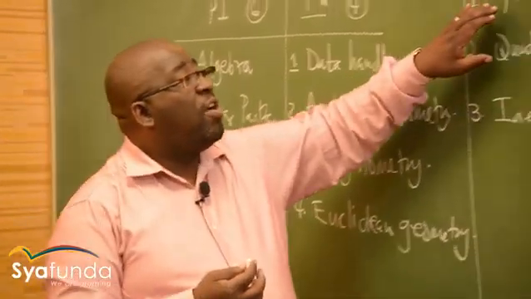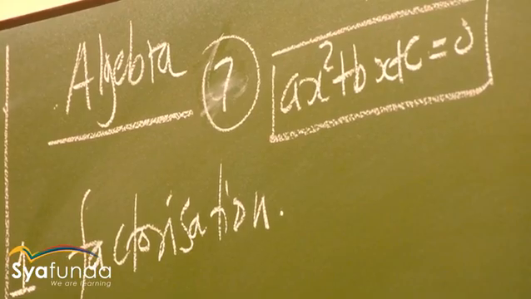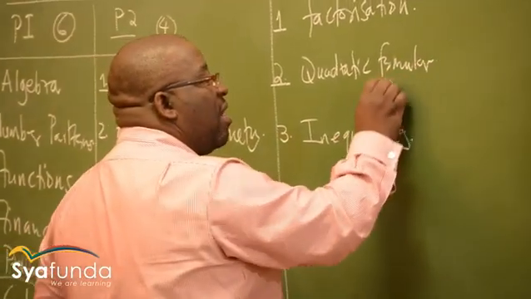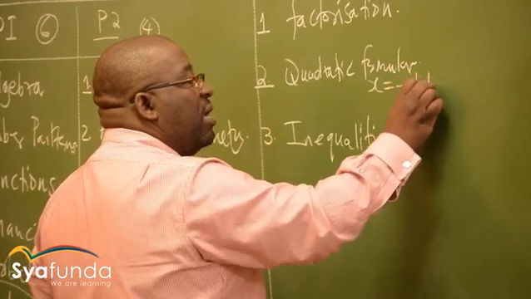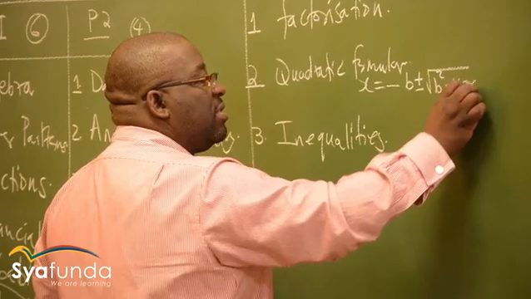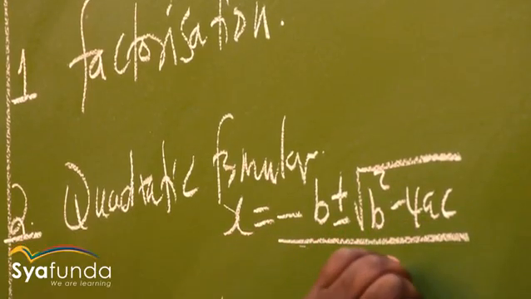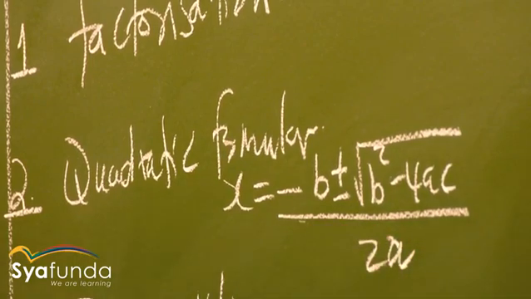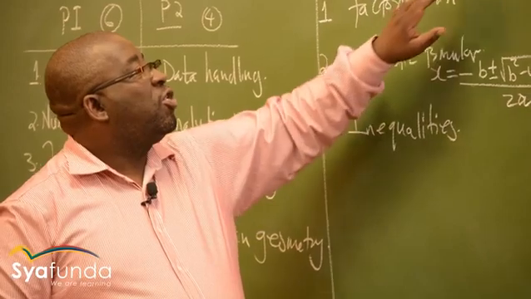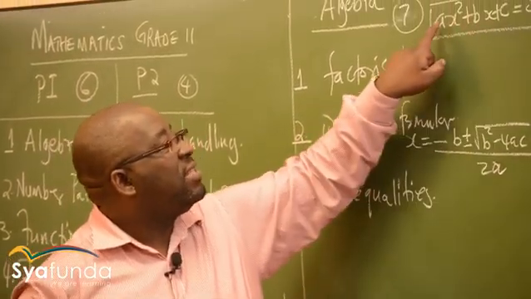So in other words, before I factorize, I must try and put my trinomial in that form. Remember, the quadratic formula says x is equal to minus b plus or minus the square root of b squared minus 4ac all over 2a. Where do I get this b, this a, this c, and this a? It should be in the standard form first.